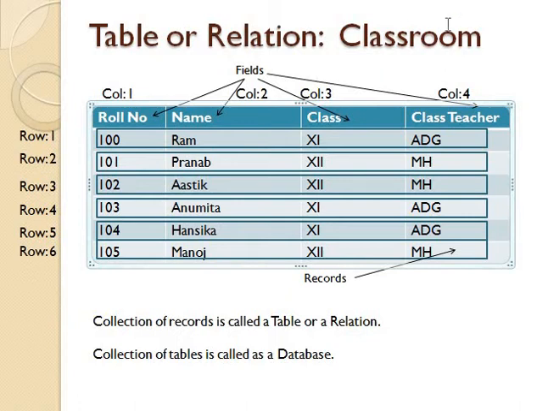Now if you combine the table classroom with teacher, class, and student, all these tables combined together form a database, or in short we can say that a collection of tables is called a database. Just keep in mind that a collection of records is called a table or a relation, and a collection of tables or relations is called a database.